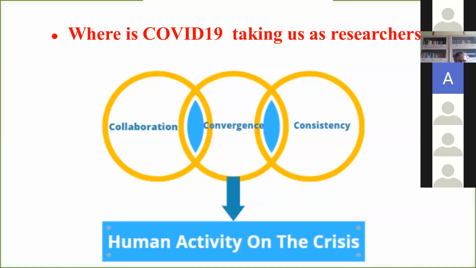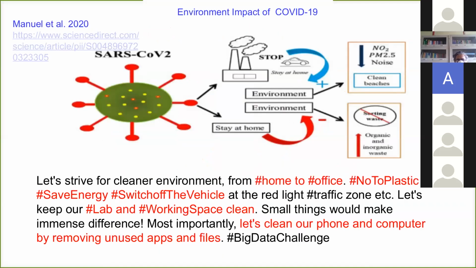So how do we make our environment safer? There's a release of greenhouse gases, and this wonderful article by Manuel et al. in 2020, published a couple of weeks ago, gives a wonderful explanation of how best we could stay home, and we have been reaping results the last 3-4 times.